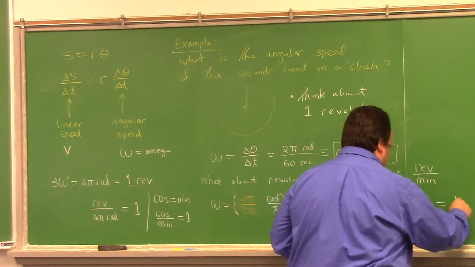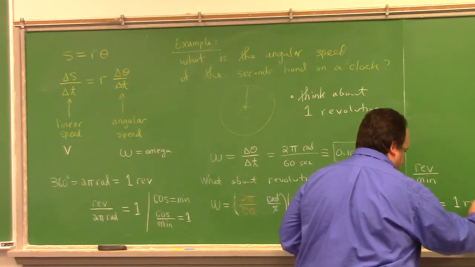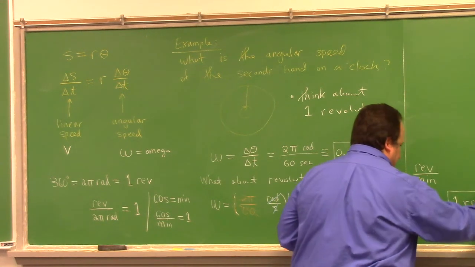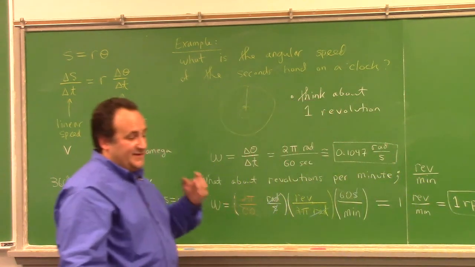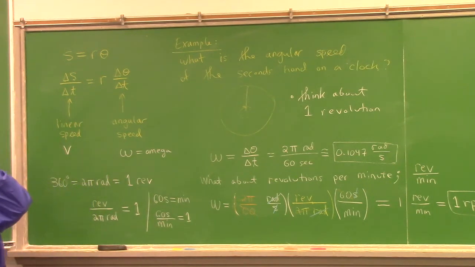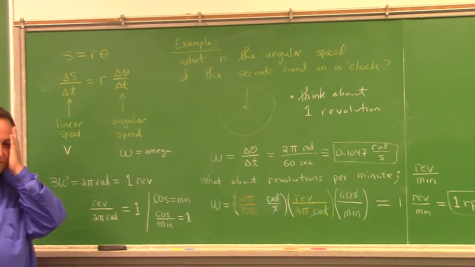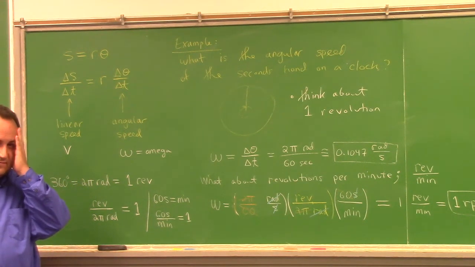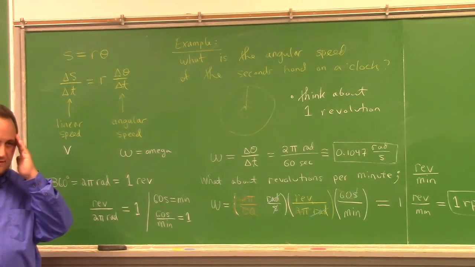Which the standard nomenclature is RPM, right? And this is completely unsurprising if you just take a step back and think about the problem. How many revolutions per minute does the second hand on a clock make? 1. Yeah, this makes sense.